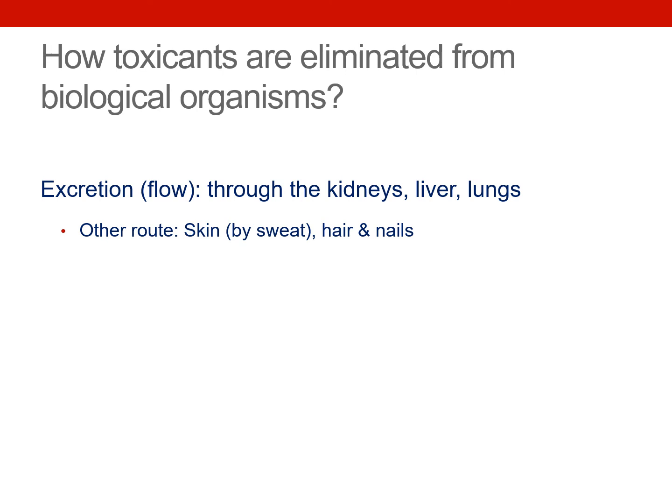Toxicants are extracted by the kidneys from the bloodstream and excreted in the urine. Toxicants that are ingested into the digestive tract are normally extracted by the liver and purged out of our body through our stools.